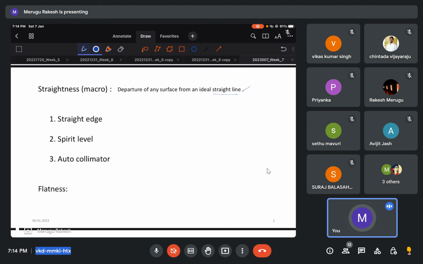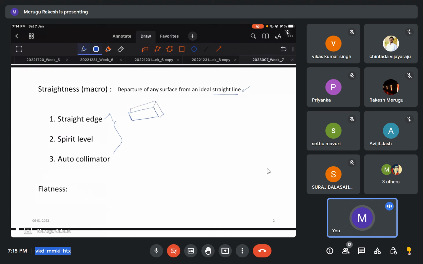So these are some of the devices. In GATE or any competitive exams, they might ask you what the use of a device is or how straightness is measured. A straight edge is a visible device with very high tolerances.